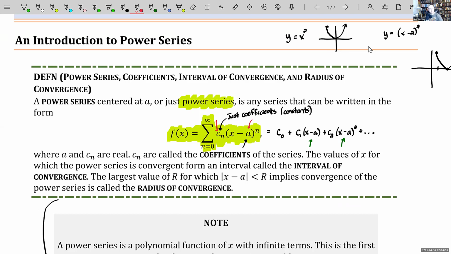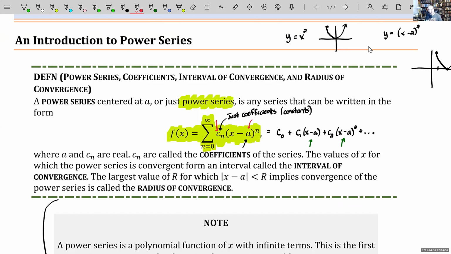It's actually true that almost every single function that we've been handed in the past can be represented by power series. There are some non-elementary functions that do not have power series representations.